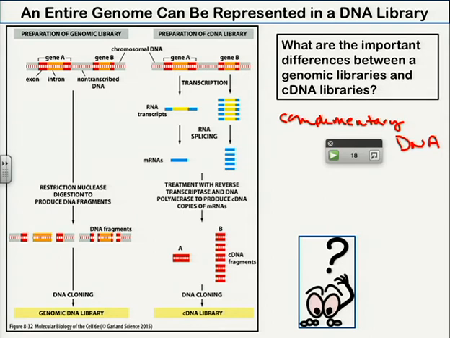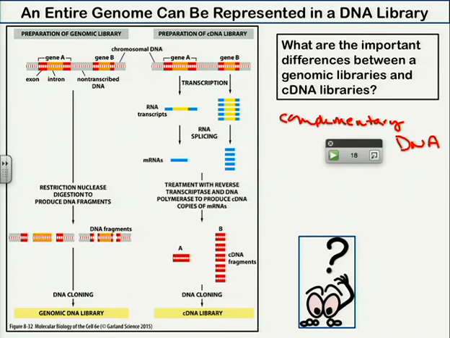Those are all the genes that are being expressed, and you use reverse transcriptase, a viral enzyme, which turns messenger RNA into double-stranded DNA, and then you clone that. So cDNA libraries contain only the sequences that were expressed in that cell. Genomic libraries contain the entire genome.